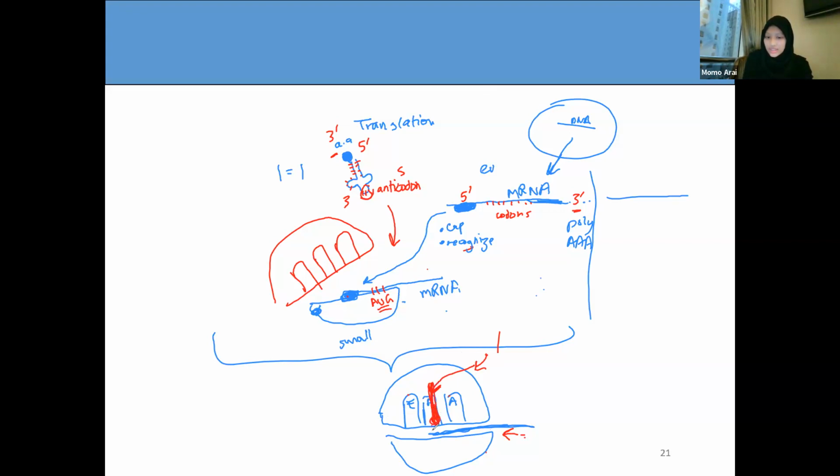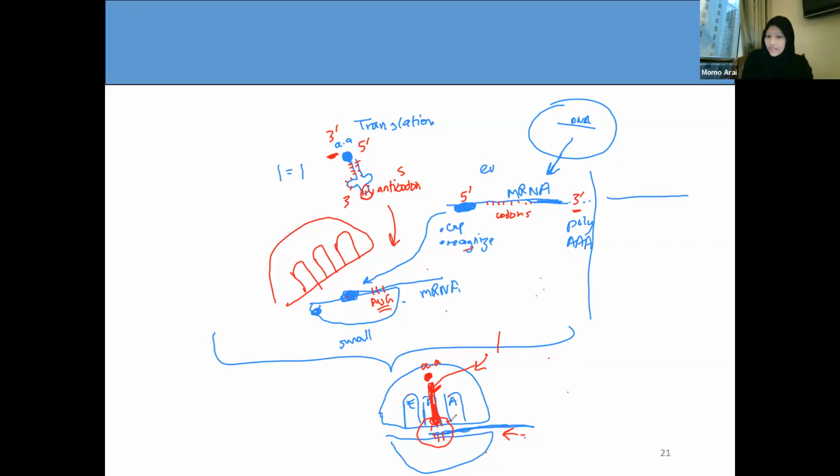This is the anticodon for AUG, and this is AUG, so they bind together. And remember how I said at the end of the tRNA, you have an amino acid. So it carries an amino acid with it, and the anticodon is now bound to the codon.